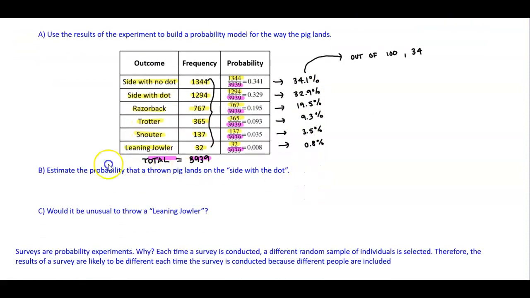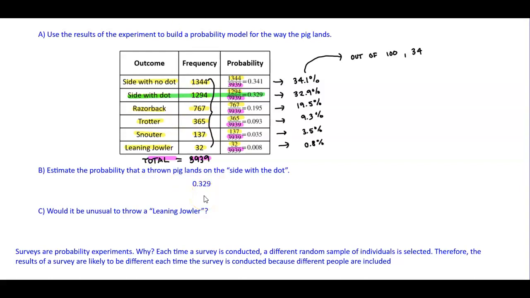Okay? Next, we want to estimate the probability that a thrown pig lands on the side with the dot. So what is the side with the dot? Well, let's highlight that. Well, the side with the dot is the following, and the probability is 0.329.